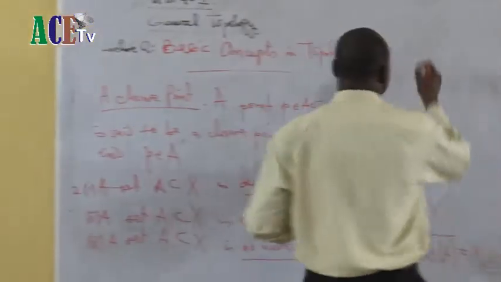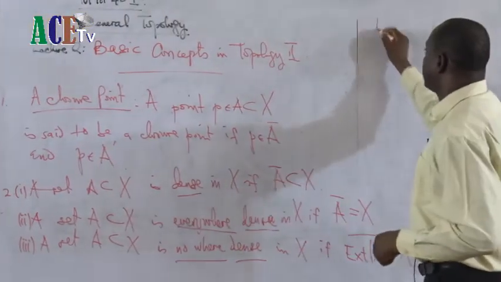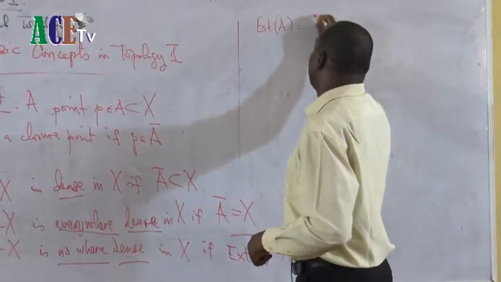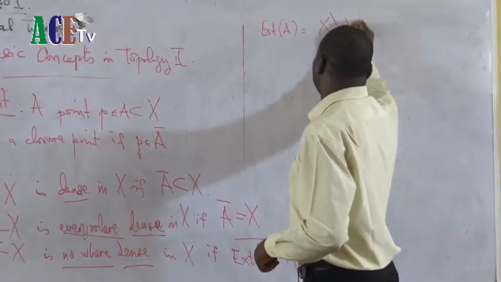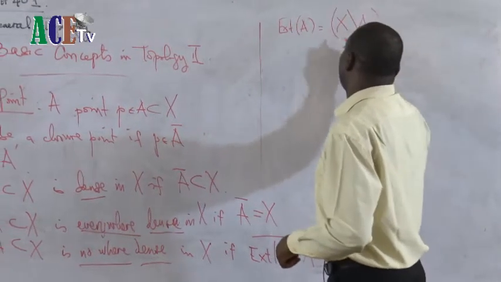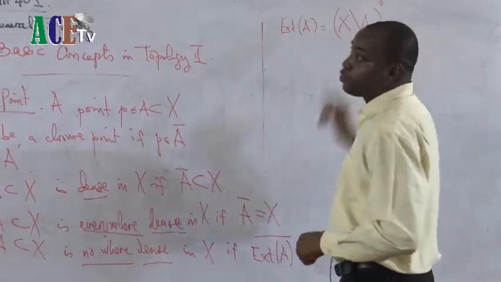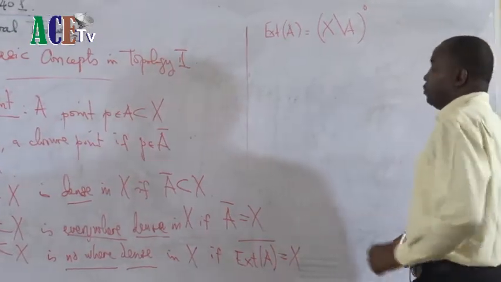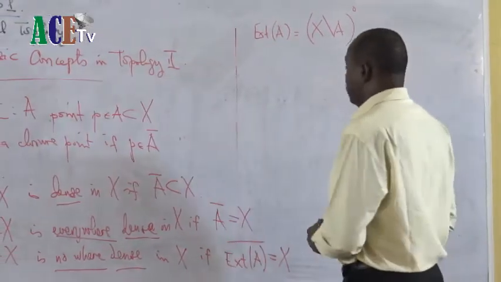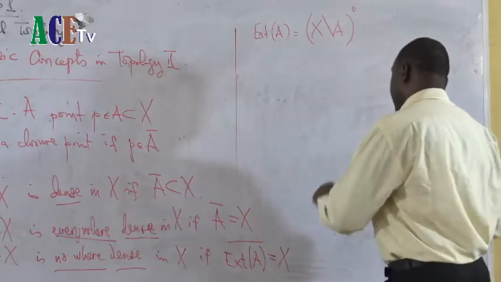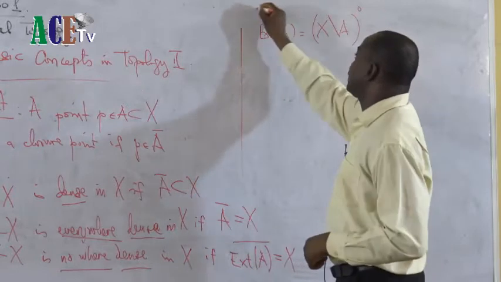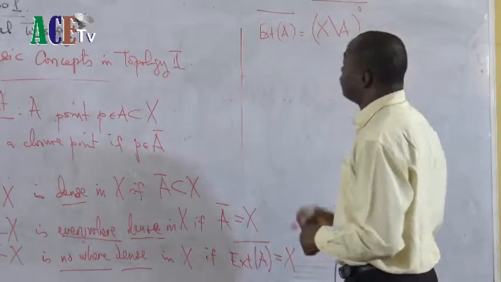Last class, we said the exterior of A here is equal to the interior of the complement of A. Okay? So when you say that you are looking at the closure of that, that means you are taking the closure of this.